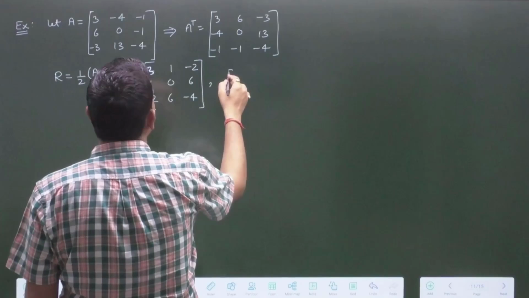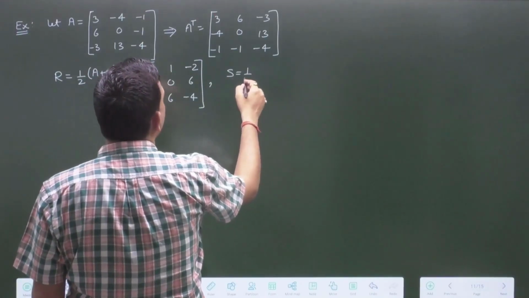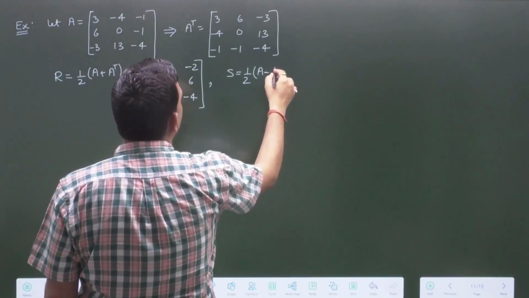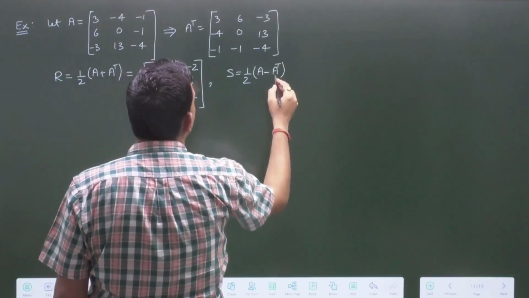Then the skew-symmetric part is half of A minus A transpose.